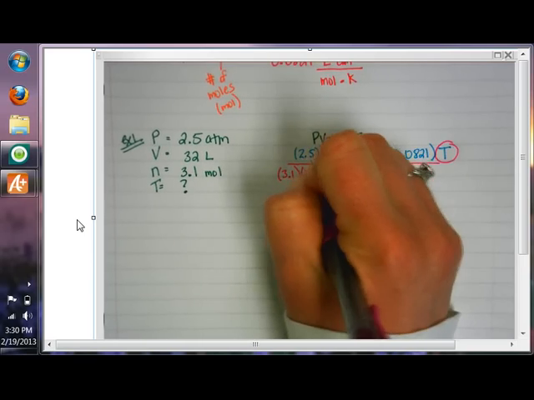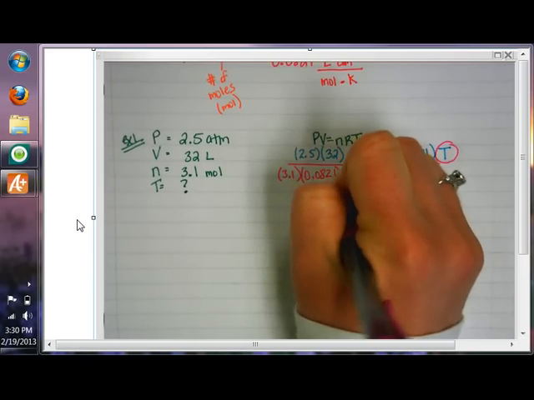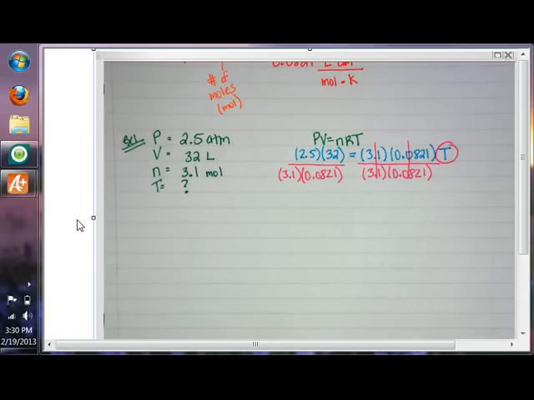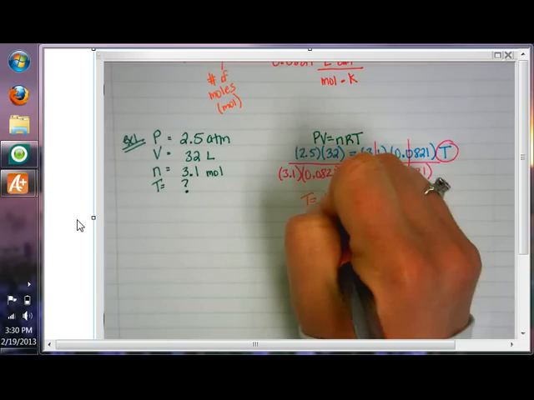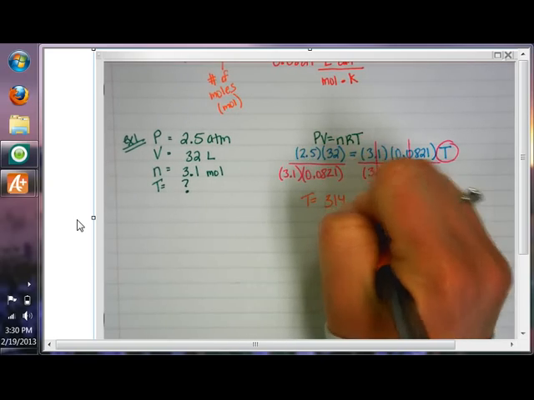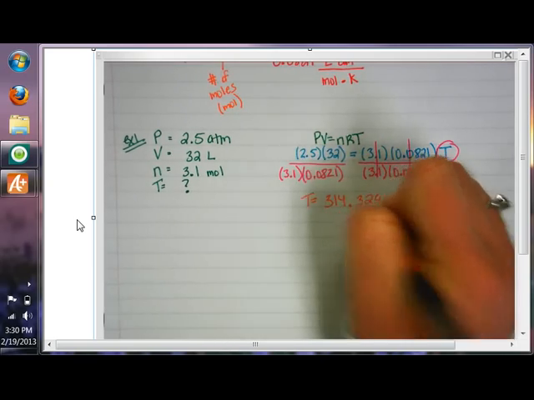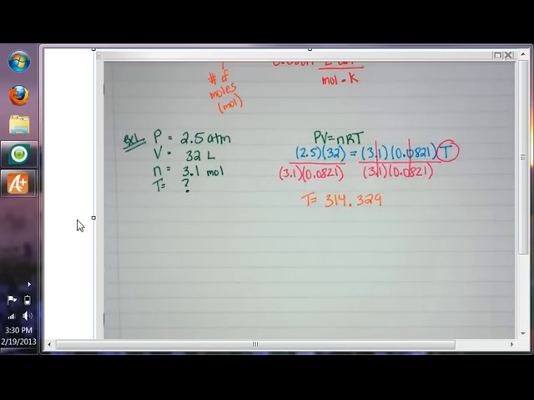Make sure you divide on each side. These cancel out nicely, and when you type this into your calculator, you're going to get T equals 314.329.